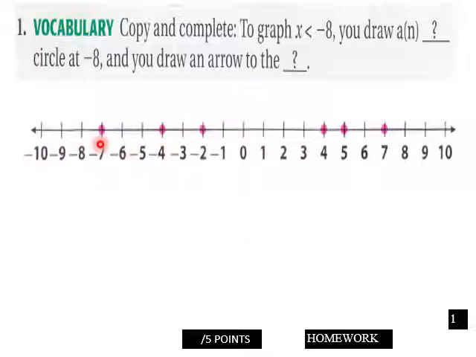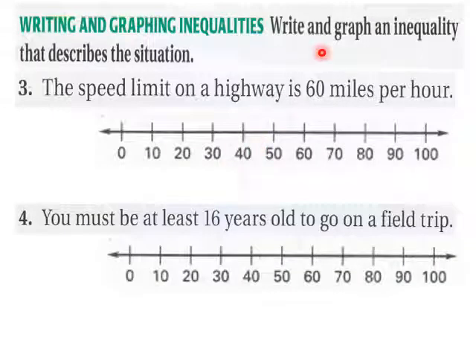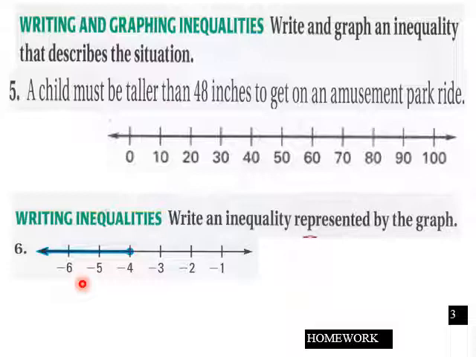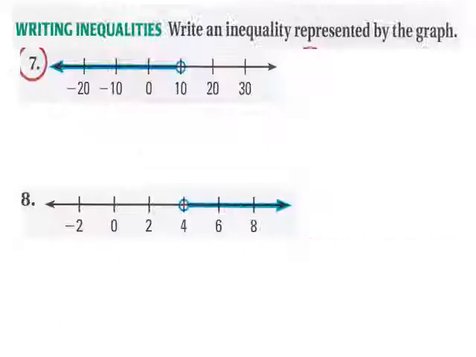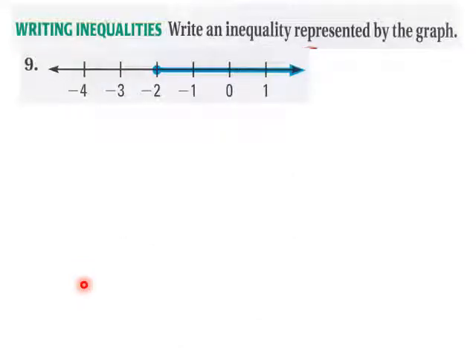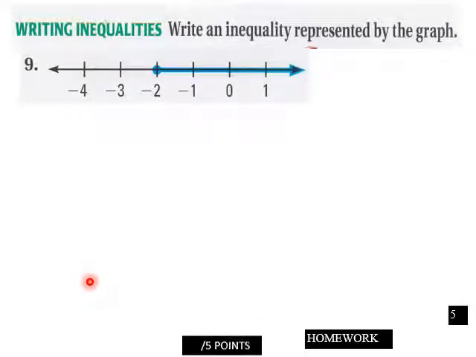Using this axis, graph this expression. Write and graph an inequality that describes the situation here. Page 2 of your homework. Page 3 of your homework: graphing more inequalities. Write an inequality represented by the graph here. Page 5 of the homework: write an inequality represented by this graph.